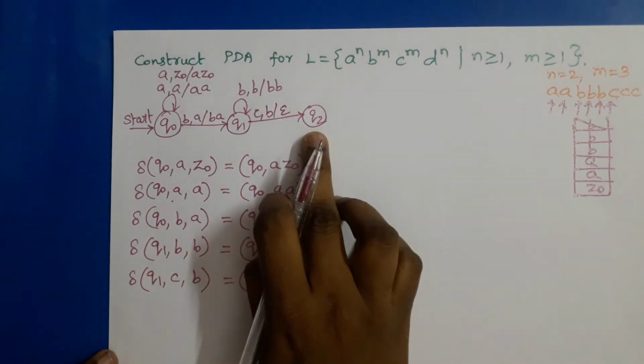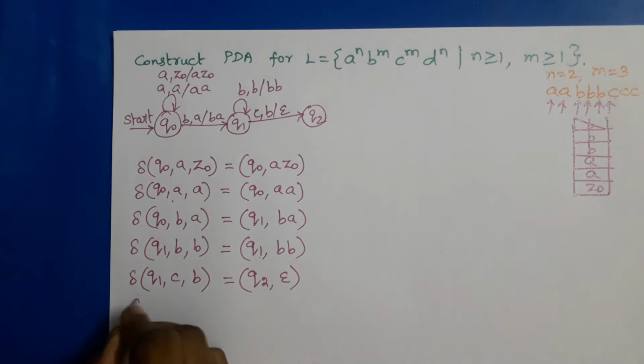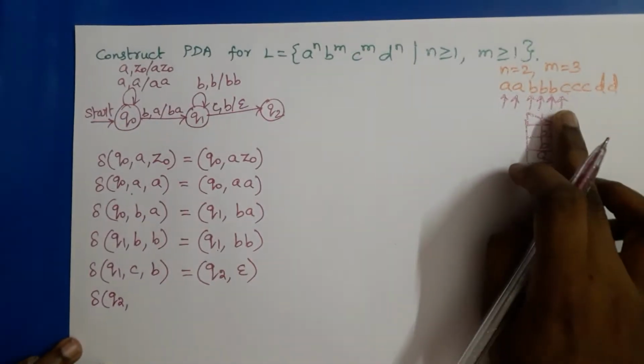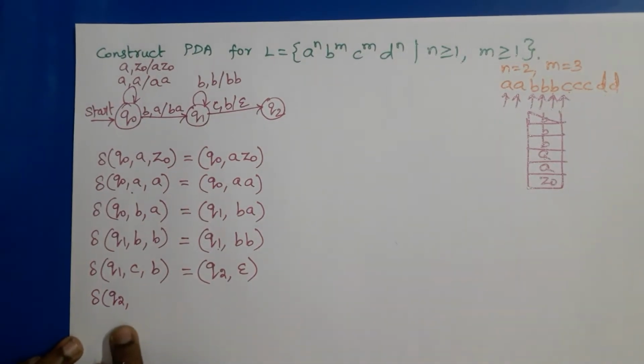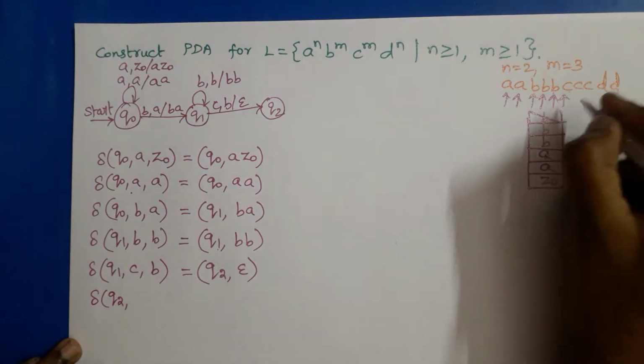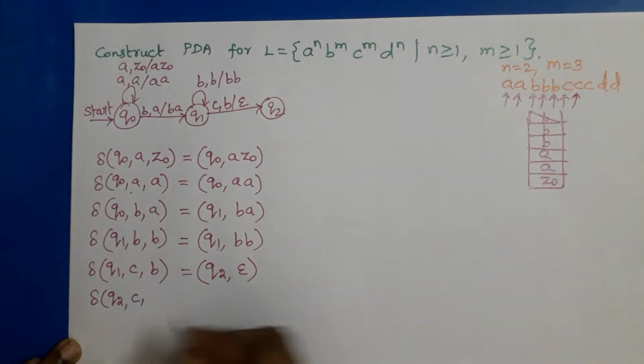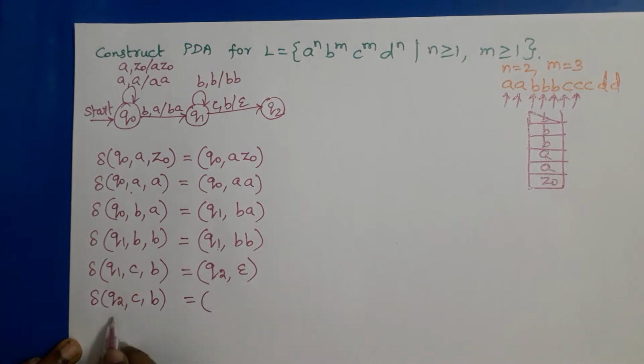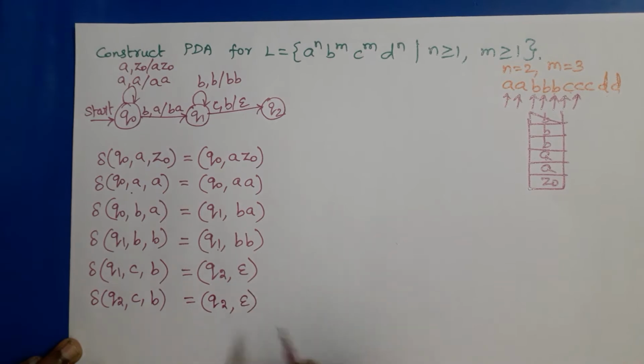So now we are in state Q2, and for the recursive step, so for the number of C's we need to write the next step. So Q2 is the current state, C is the next input symbol. Now again the top of the stack is B, so we should remain in same state Q2 and pop another symbol also.